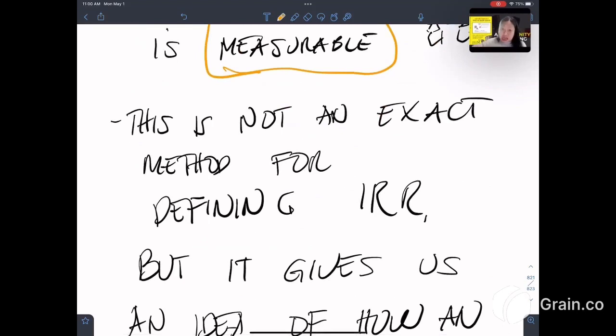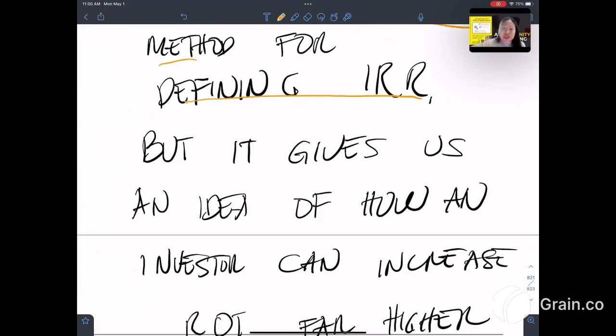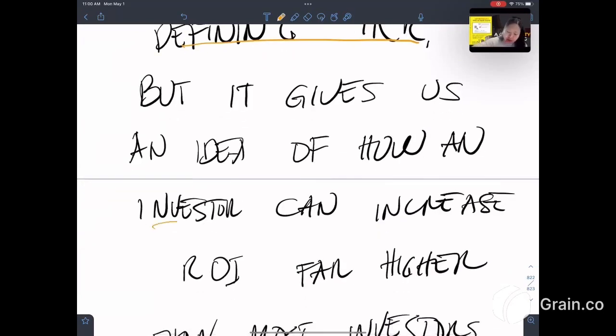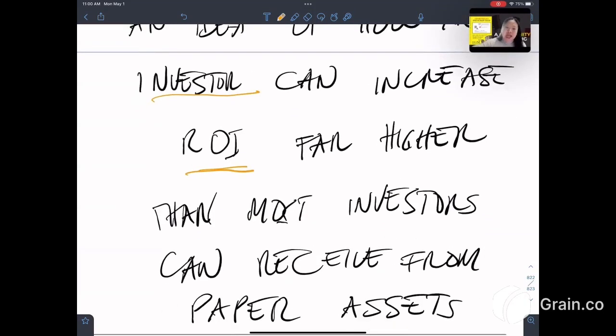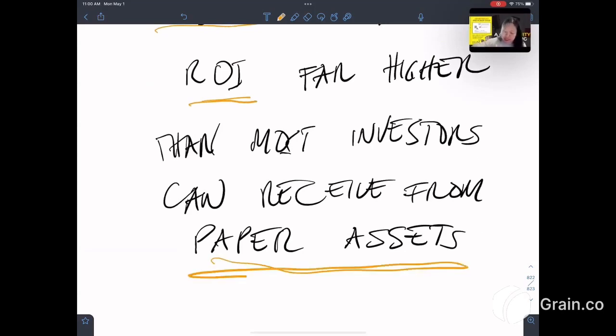So Robert is saying that when we talk about internal rate of return, this is not an exact method for defining the internal rate of return, but it gives us an idea of how an investor can increase the rate of return far higher than most investors can receive from paper assets.